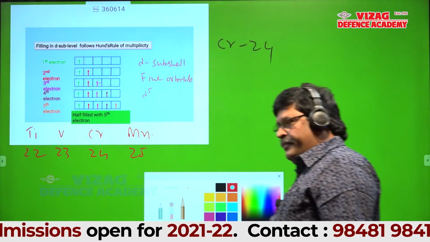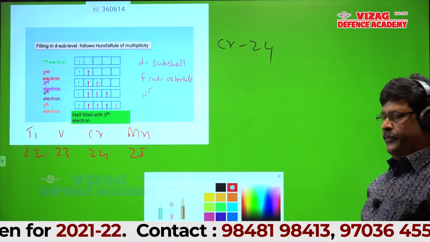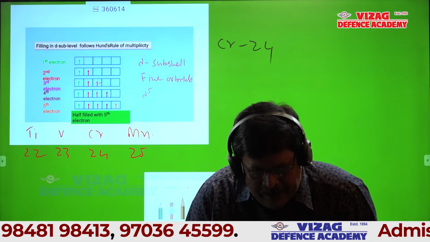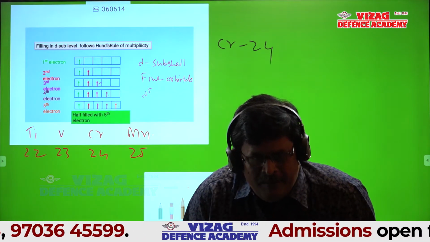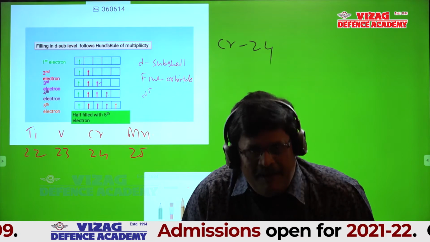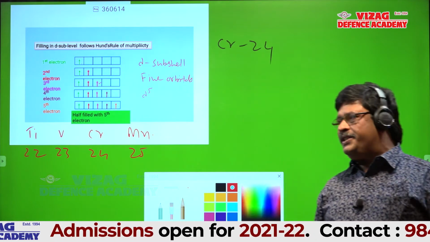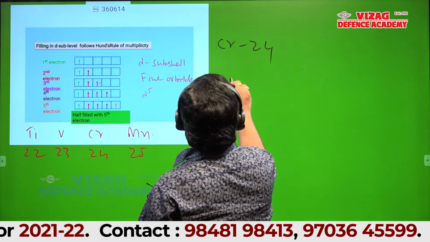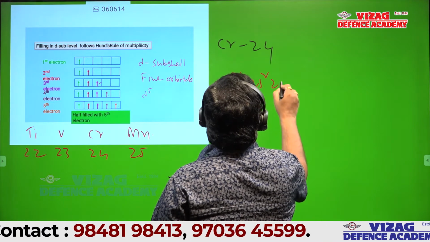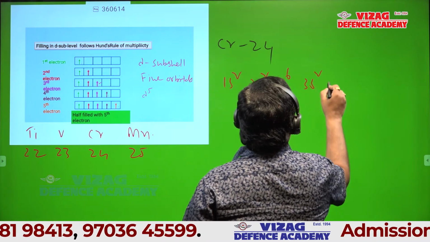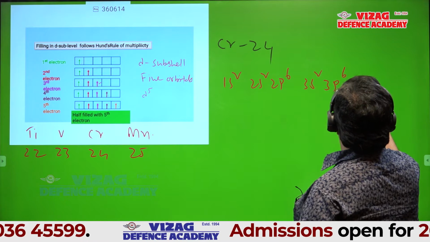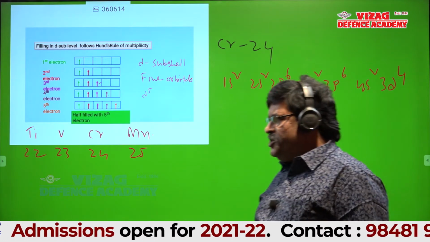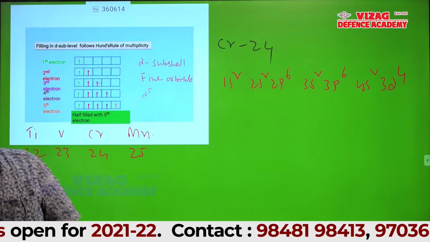Now all 5 d orbitals have the same energy, because n plus l is the same, n is the same, everything is the same, so they should have the same energies. Chromium is 1s2, 2s2, 2p6, 3s2, 3p6. Actually, it should be 4s2, 3d4. Am I right?